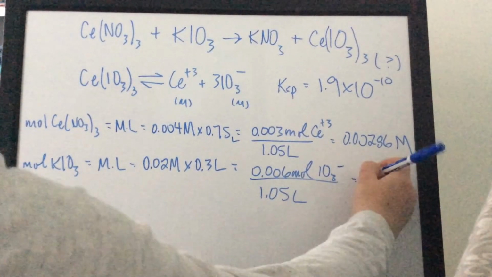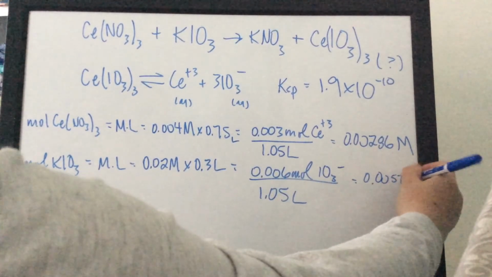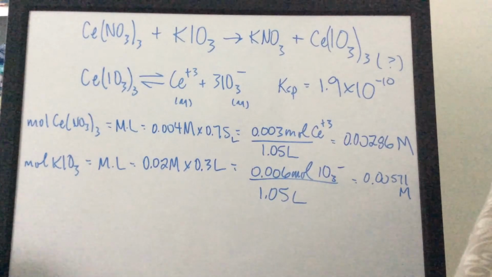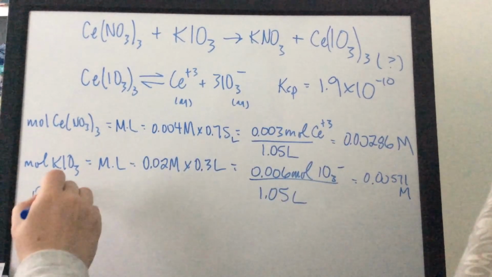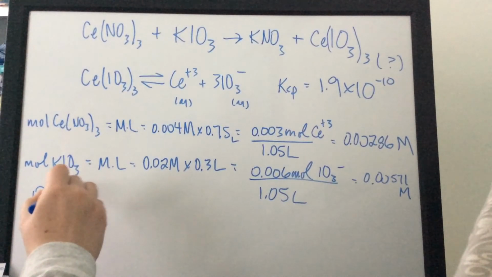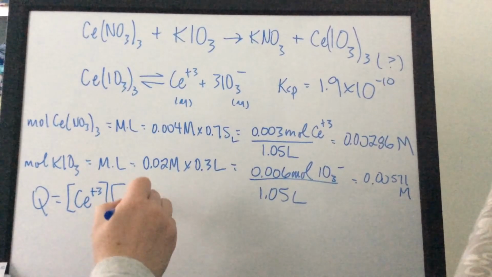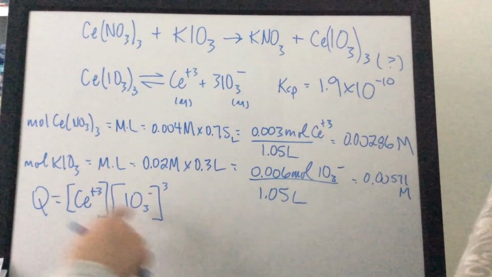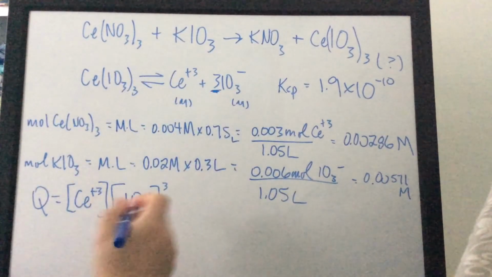That has remained unchanged. And I got a molarity of 0.00571. And then I'm just going to take those concentrations and plug them into my Q expression, but being very careful, because in this case, this value is cubed from the coefficient.